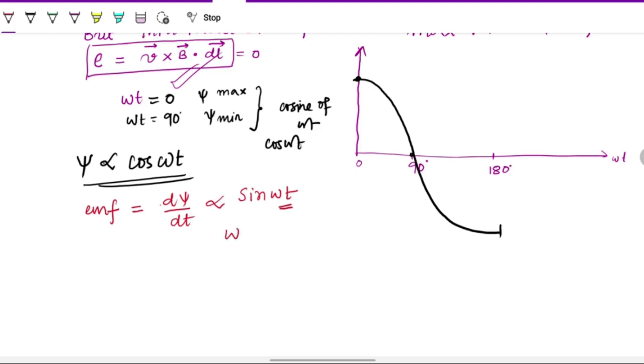So at omega t equal to 0, the induced EMF will be equal to 0. But when omega t is equal to 90 degree, we'll be getting the maximum value of the generated EMF. So on drawing this on the same graph, we'll be getting like this.